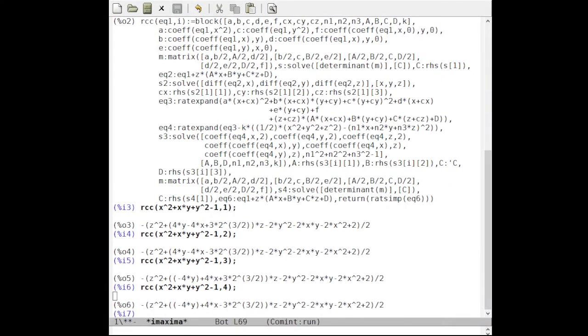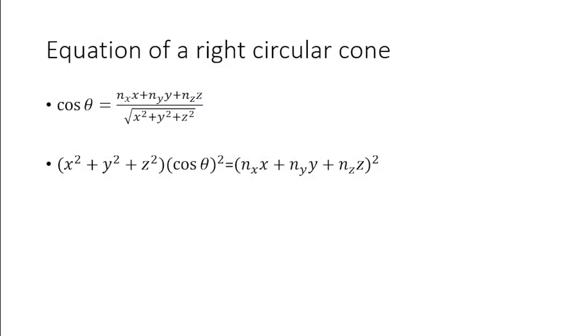Okay, so I tried making a Maxima computer algebra system script for this, and it uses the following equation of a right circular cone.